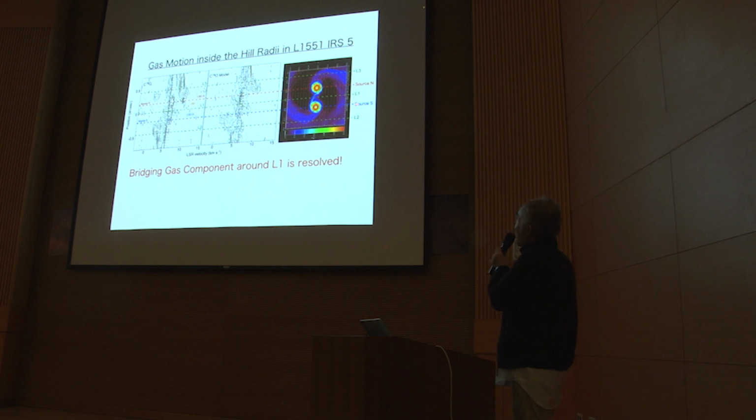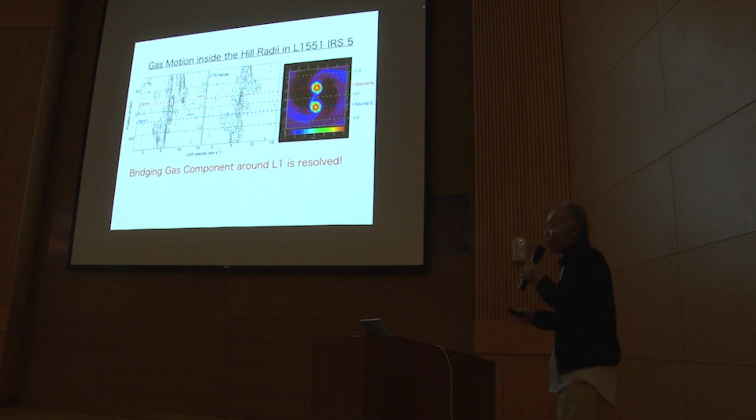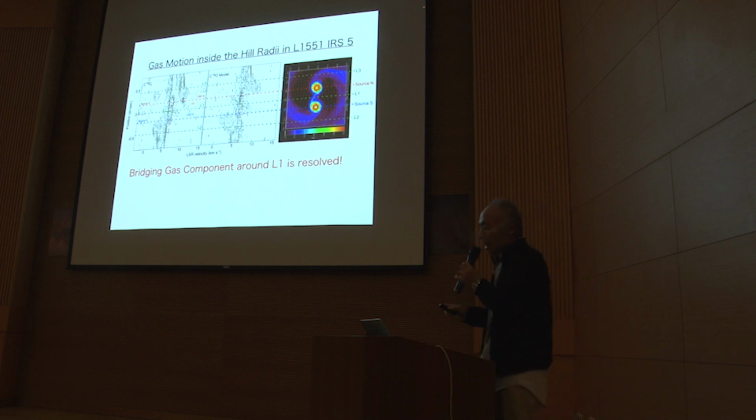This is L1, L2, L3, the so-called Lagrangian points. The left panel is the observed position-velocity diagram, and the middle panel is the position-velocity diagram of our model. In the other part, you see this structure; these are from the circumstellar and circumbinary disks.